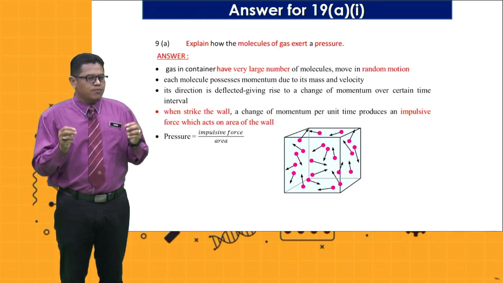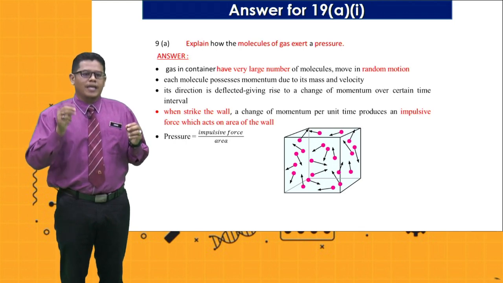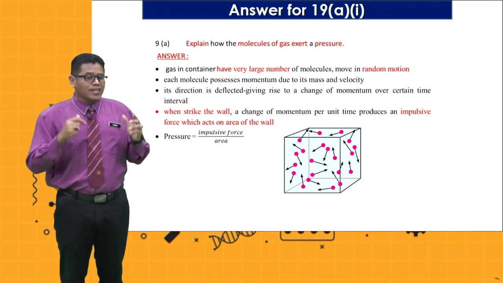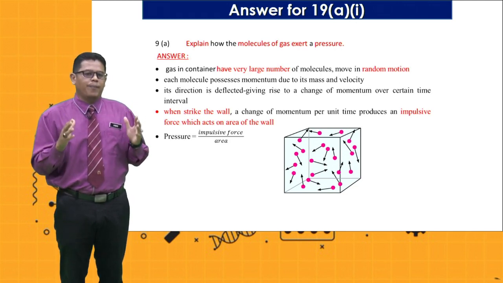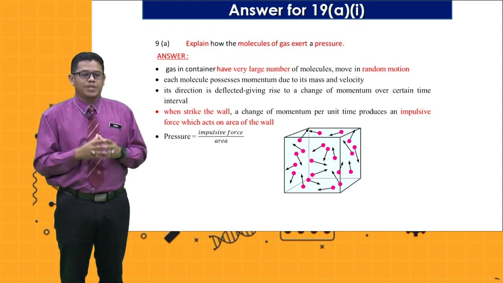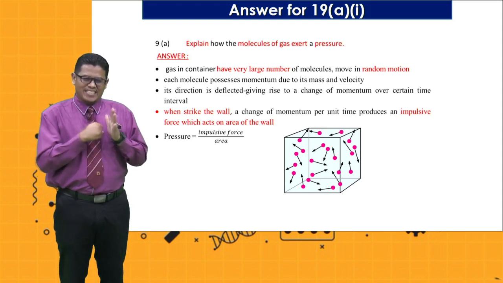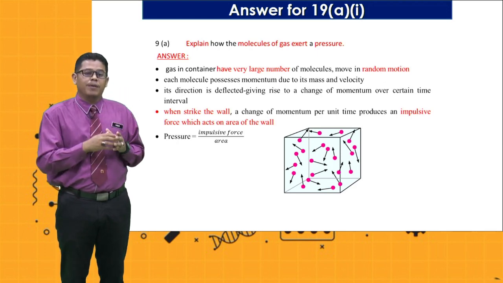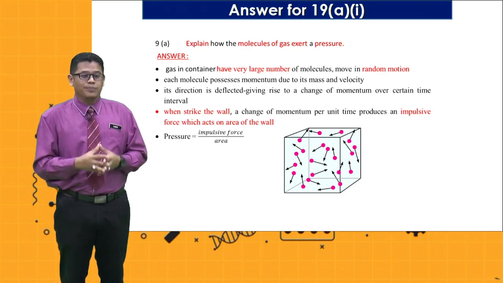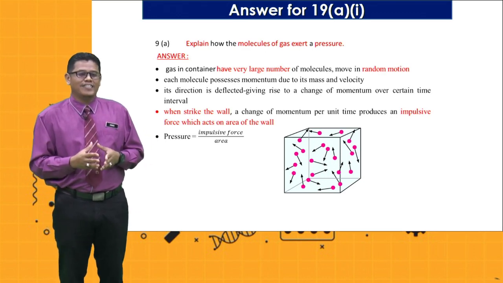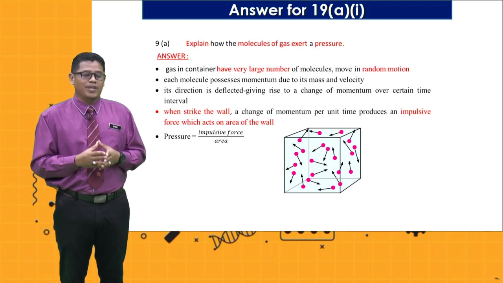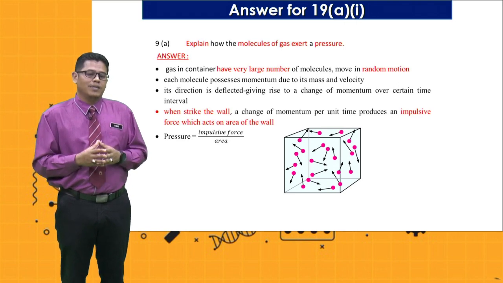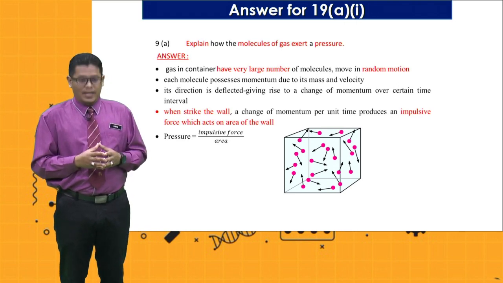Therefore, this is where the impulsive force comes from. When molecules strike the wall, the change of momentum per unit time produces an impulsive force which acts on the area. So pressure comes from impulsive force over area. There you go, that is the correct answer for question 19A1. And the diagram you drew just now helps you to get the answer.